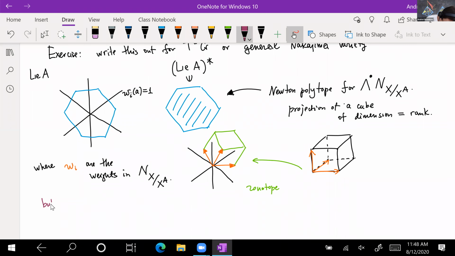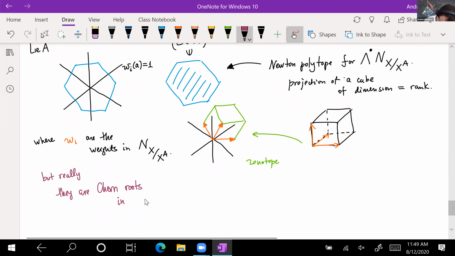But really, they're Chern roots. They're not just weights. They are Chern roots of a bundle, right?